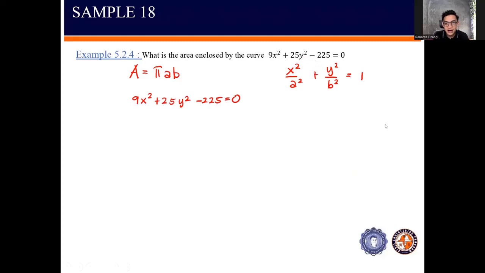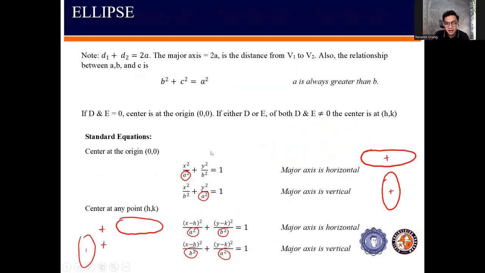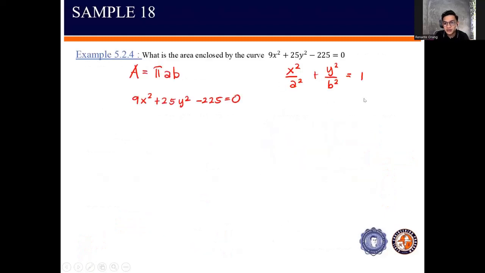Take note, the values of our D and E are 0. Therefore, we can assume that the center of our ellipse is at the middle. So what we do is transfer our constant to the other side, making it 225. Then we divide everything by 225 to make it 1. So, 9 divided by 225, kindly use your calculator.